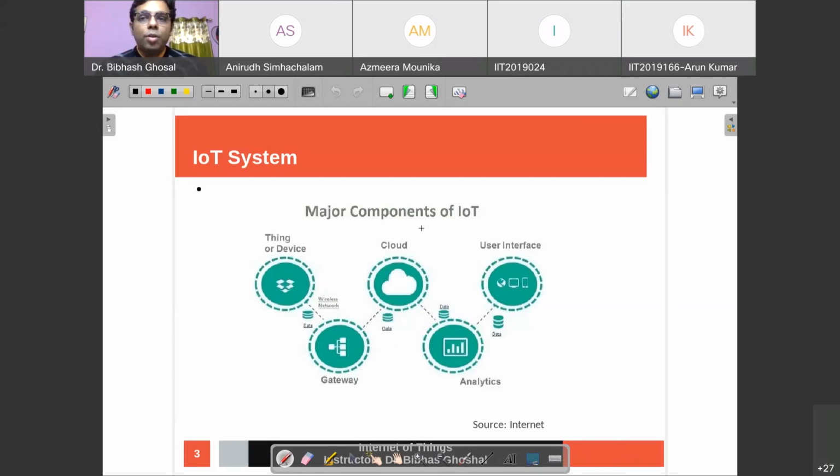So if you look at the IoT design, and if you express that as a layered structure, you find sitting at the bottom is the device or thing that collects data, and then that gets transferred to other devices which lie on the upper layers of the IoT design.